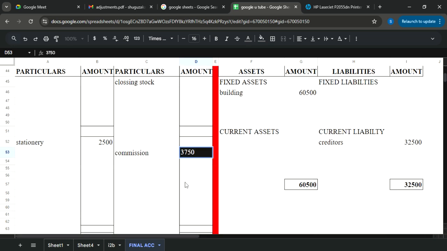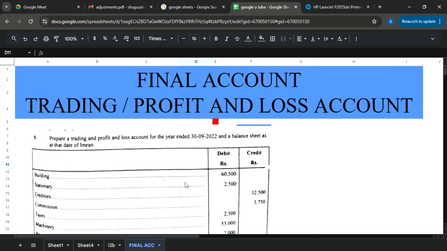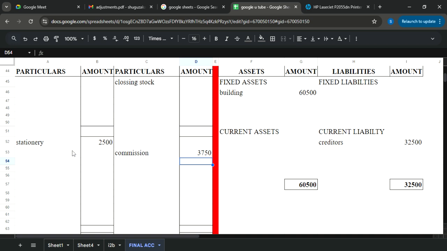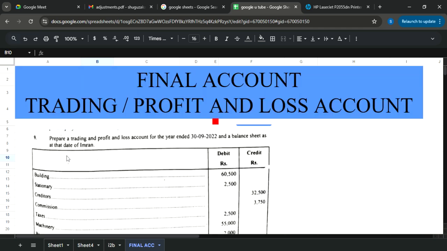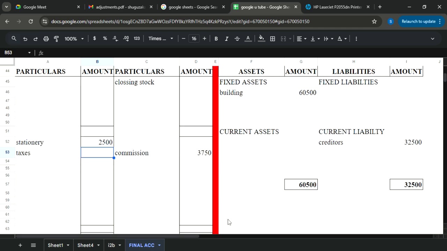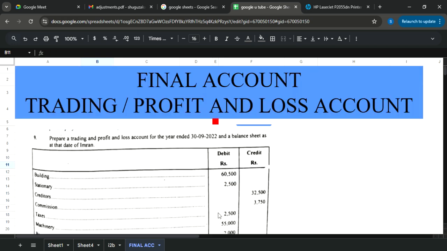Write it down over here. The next is taxes, 2500. Indirect expense. Taxes, the amount of tax is 2500 again. Stationery was also 2500, taxes also.